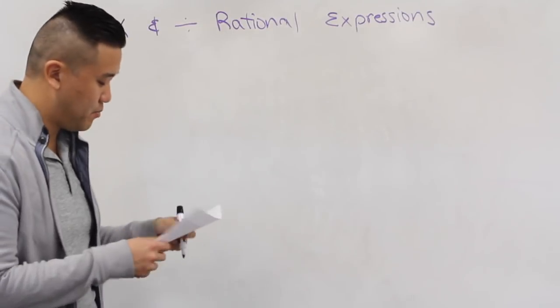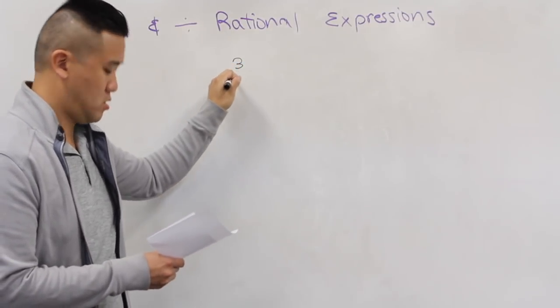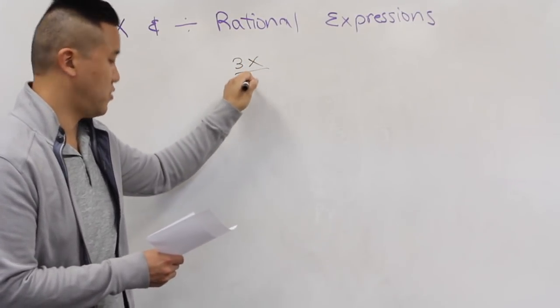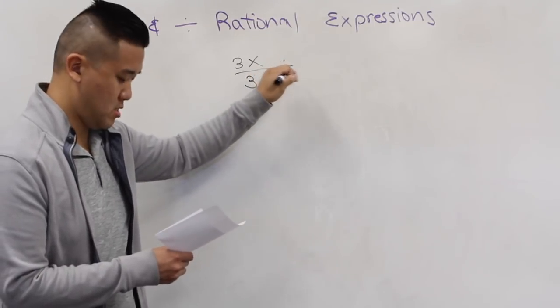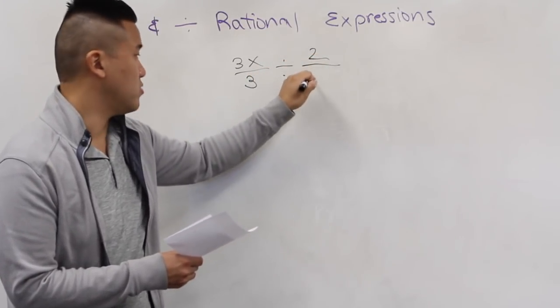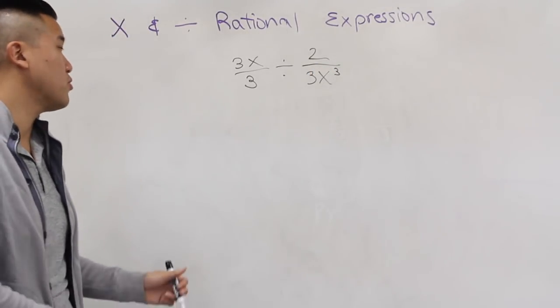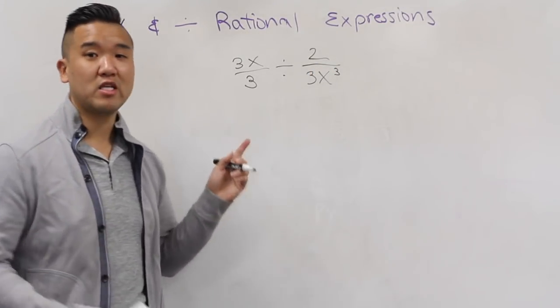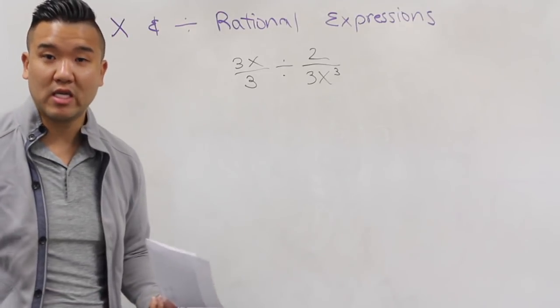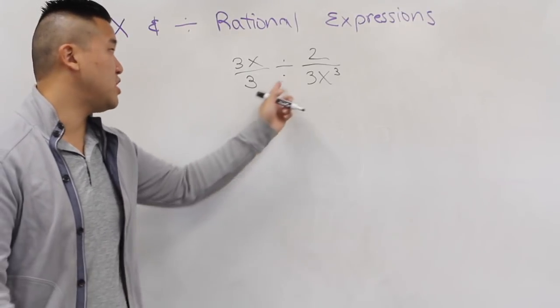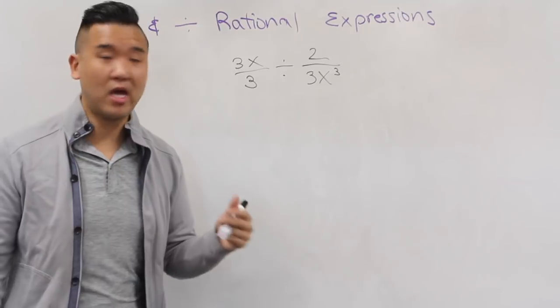Your first example is going to be 3x over 3 divided by 2 over 3x cubed. This is our first example. So what are we going to do? For multiplication and division, we do the same thing. We factor when needed. But for division, we use something called KFC.